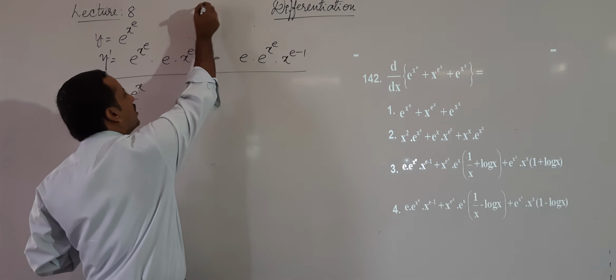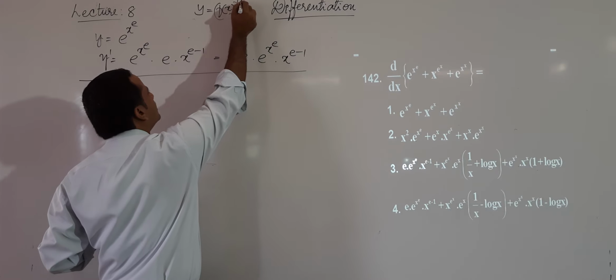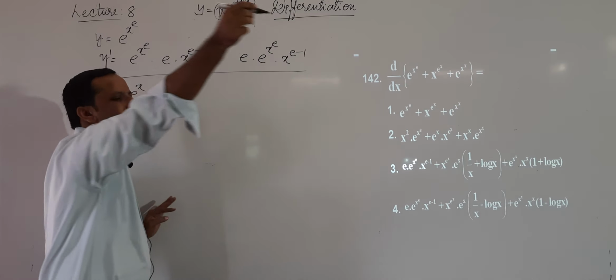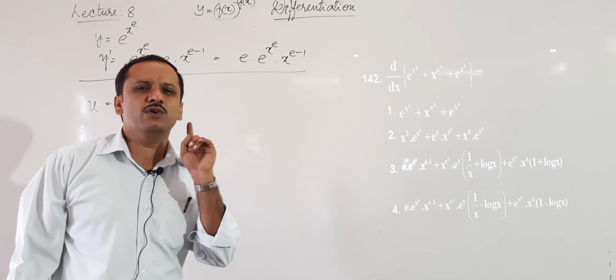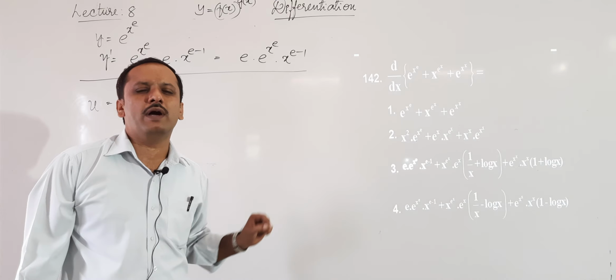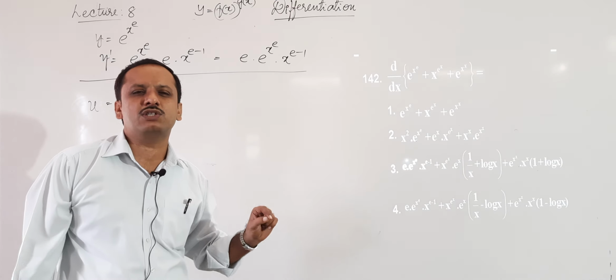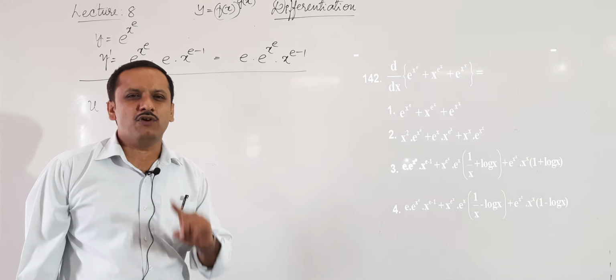So this is of the form y is equal to f of x to the power g of x. If y is equal to f of x to the power g of x, then dy by dx, you know one direct formula. What is the formula? dy by dx is equal to y into [g of x into f dash of x by f of x plus g dash of x into log f of x]. That formula you know.